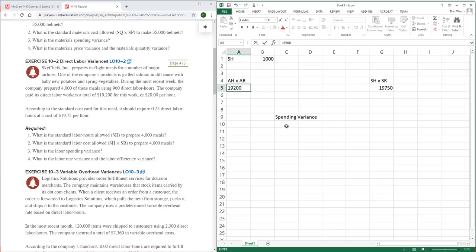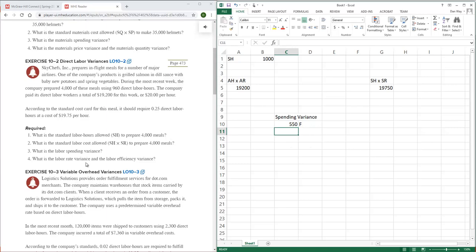So our overall spending variance is going to be the $19,750 from what amounts to our flex budget minus the $19,200 from our actual result. And here the actual result is less than that flex, what it should have been. So we'd say that's a favorable spending variance.